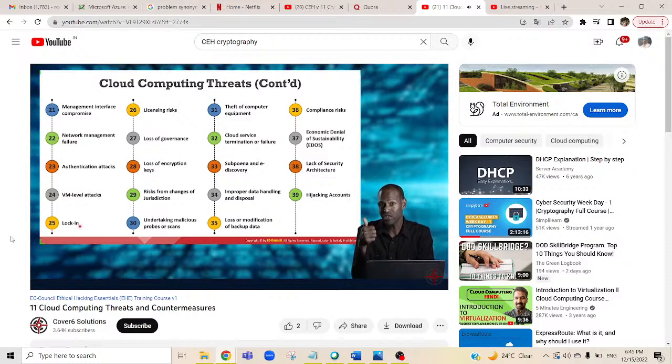There could be contractual lock-ins where you can't get out of the contract, or for other reasons, technological lock-ins. The opposite of lock-in is when you're kicked out and you can't get into the cloud, but that's a whole other story. We have also licensing issues, loss of governance.